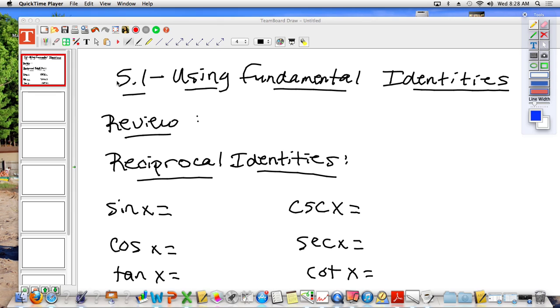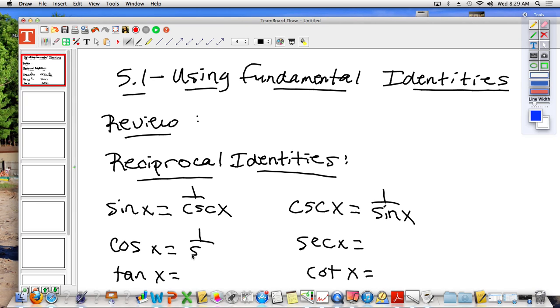So just to review quickly the reciprocal identities, we have sine, cosine, and tangent, cosecant, secant, and cotangent. Sine and cosecant are reciprocals of each other. So sine can be written as 1 over the cosecant. Cosecant can be written as 1 over the sine.